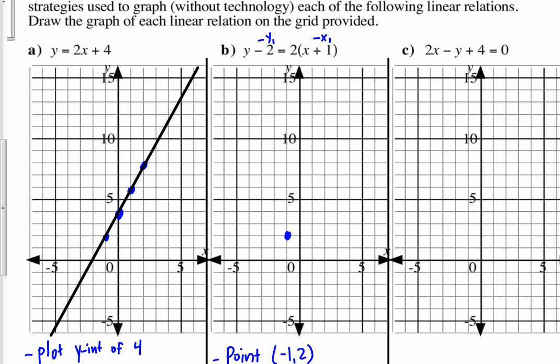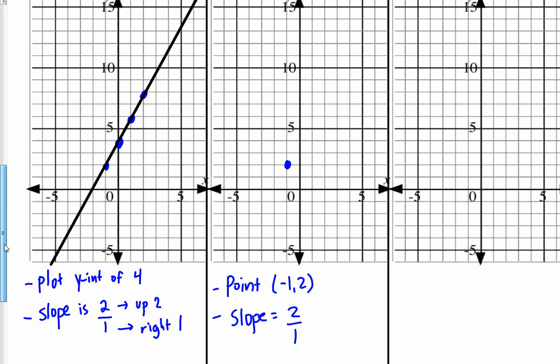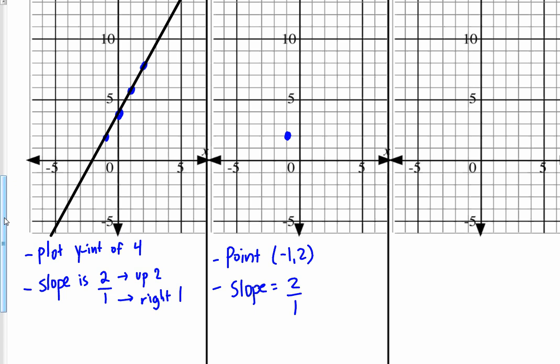Did I not do that? Weird. Oops. Thank you. Thanks, Josh. Okay, so -1, +2, and then we use our slope of 2. Yeah, that's better. And then connect our line. This is why it's good to use a ruler. Let's get lines that look like this. That's not so bad. It's not great though.